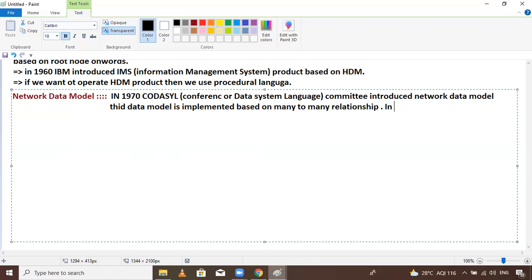So in this data model also, data is stored in the format of records.